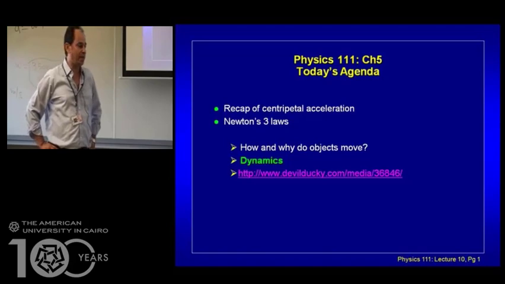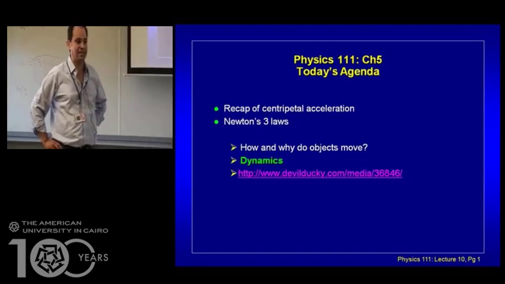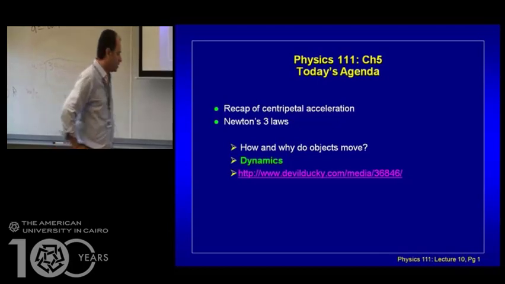Newton went a little bit further than that, and he said actually if you have more than one force acting on an object, the sum of those forces will equal the mass of the object times its acceleration.